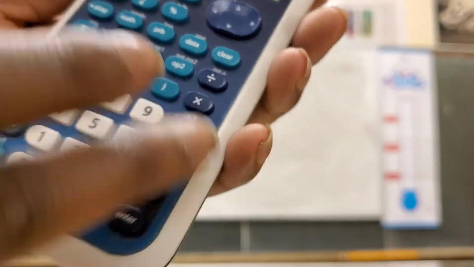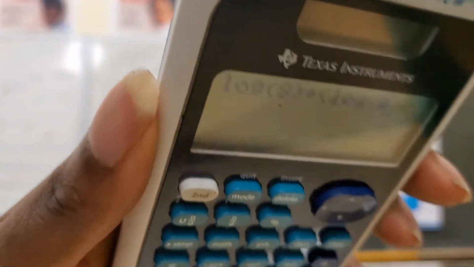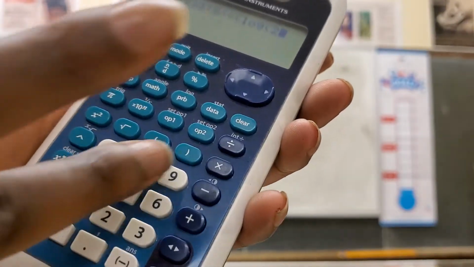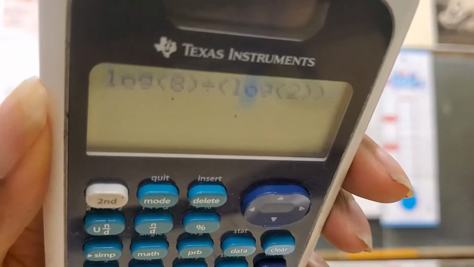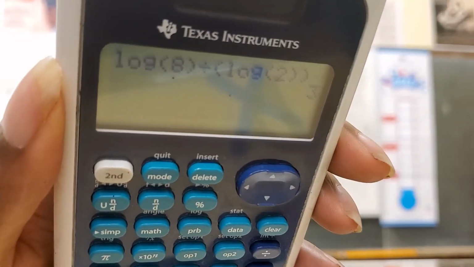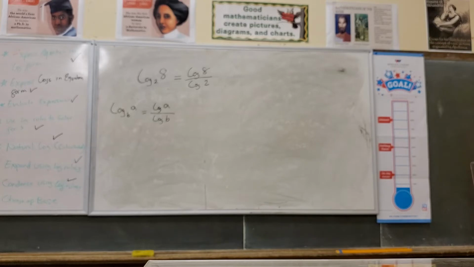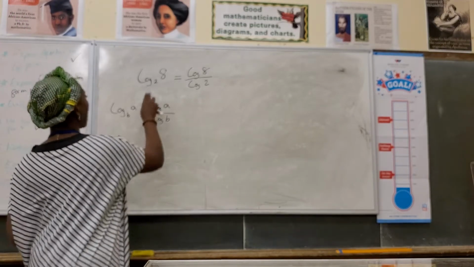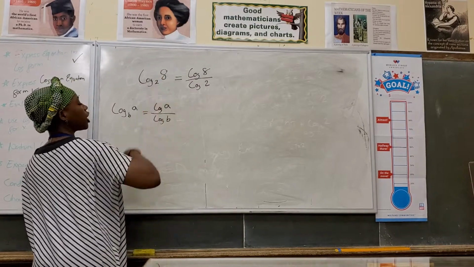Log of 2. Close parenthesis. So I said log of 8 divided by log of 2 equals 3. Change of base says that if you're dealing with a base that you're unsure of and it's not in the calculator, you can do a change of base form.